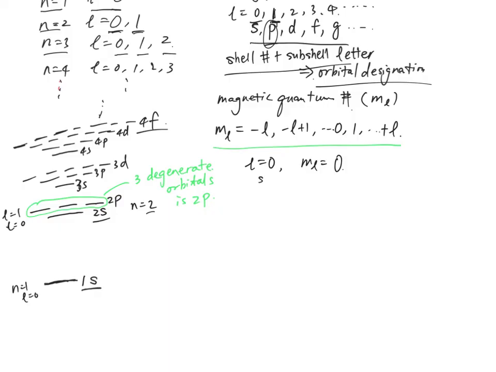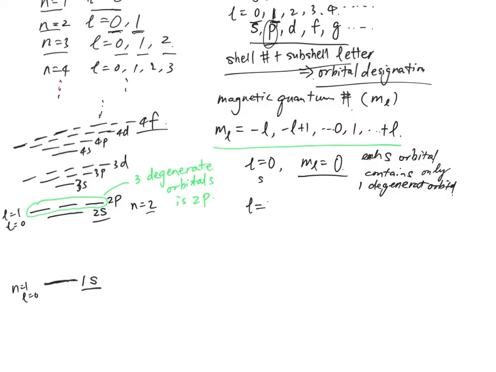This is the s orbital, so m sub l having only one value means each s subshell contains only one degenerate orbital.